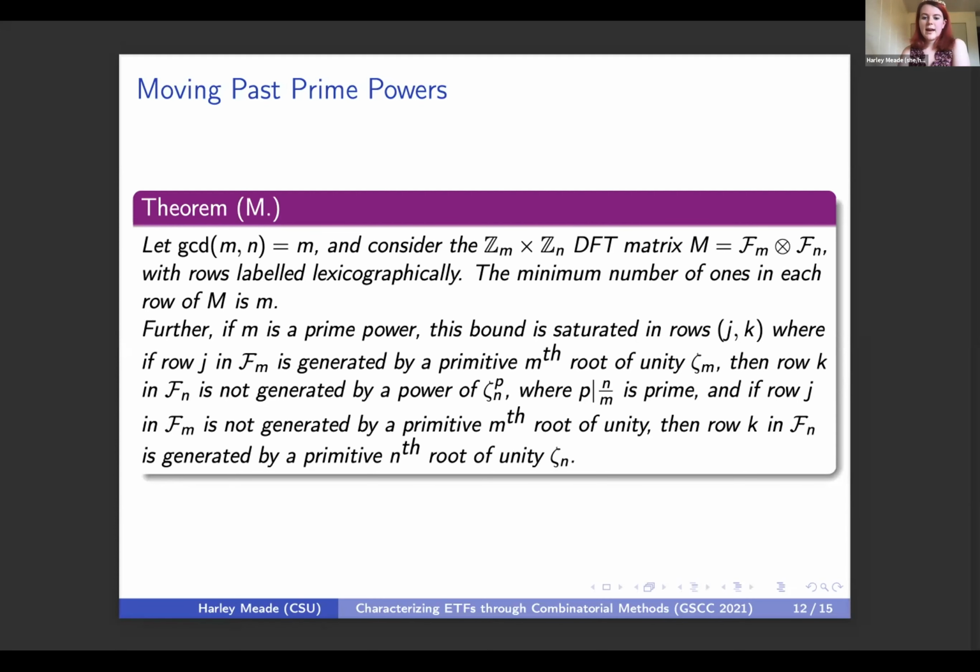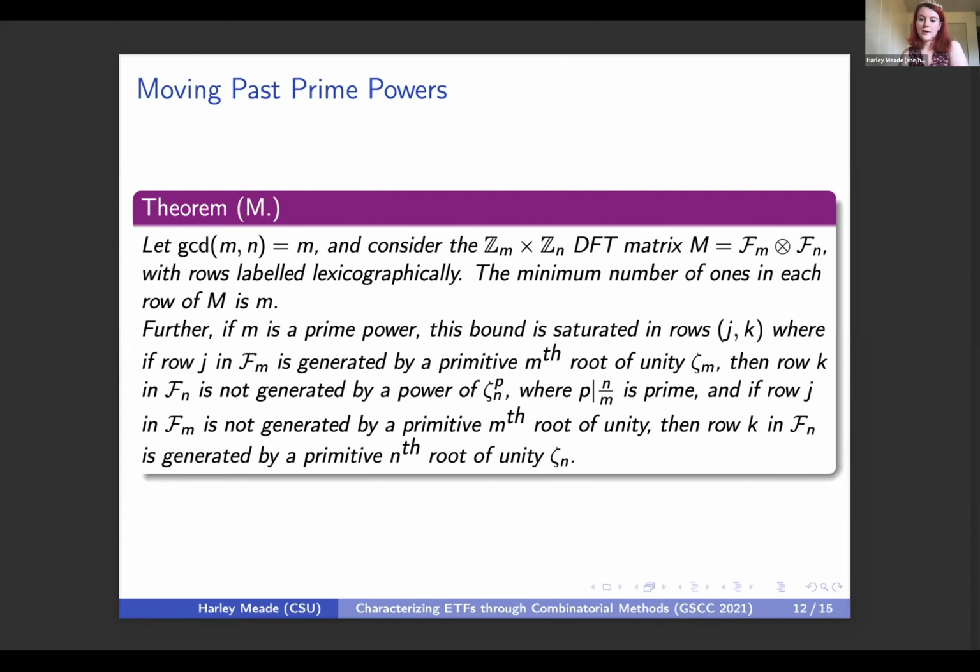So if we have this matrix and F_M is the M by M DFT, F_N is the N by N, rows labeled lexicographically, the minimum number of ones in each row is going to be M. And further, if M is a prime power, again, prime power case, but what can you do?